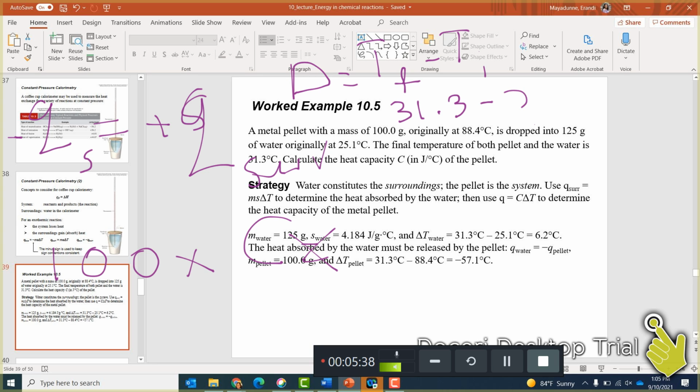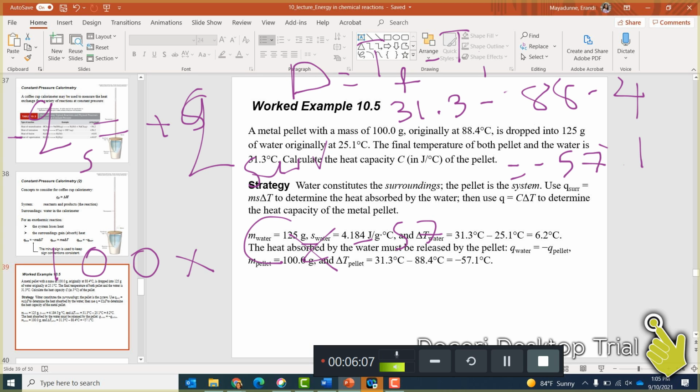Initial would be 25.1, so I'm getting negative 57.1, right? No, sorry, initial is not 25. Initial is 88.4. So I get the difference, and that goes here.